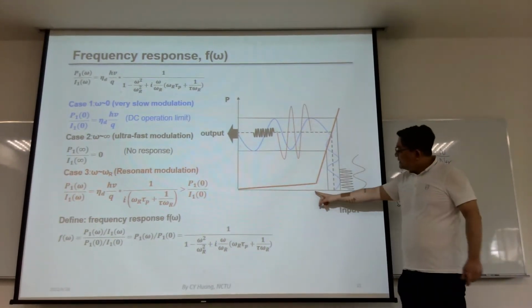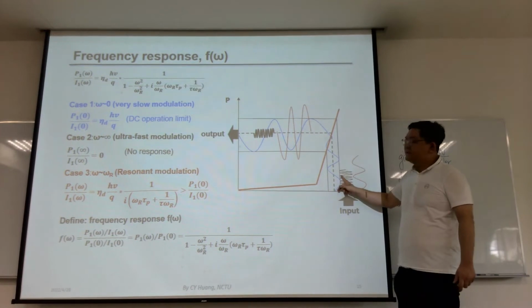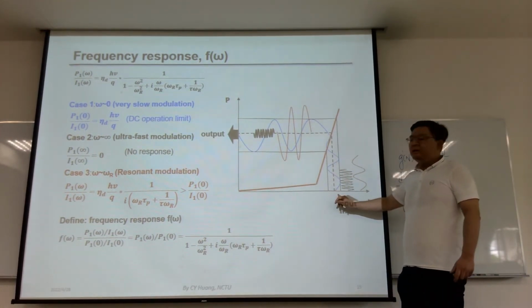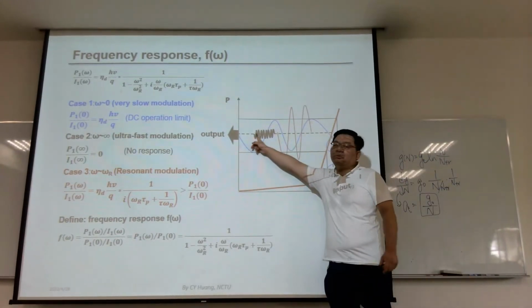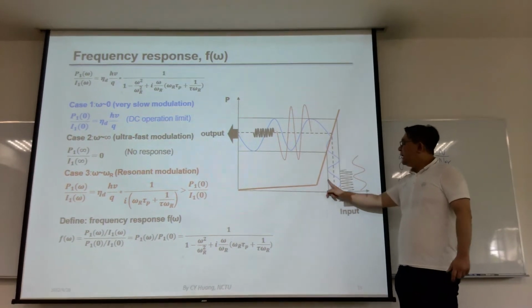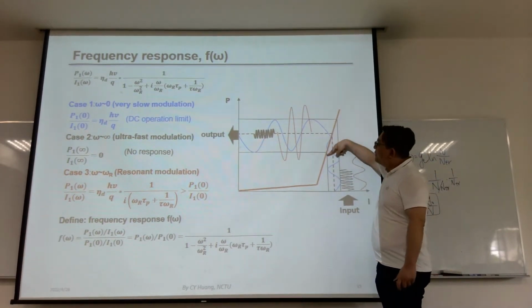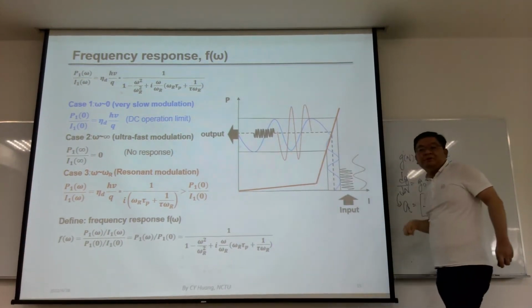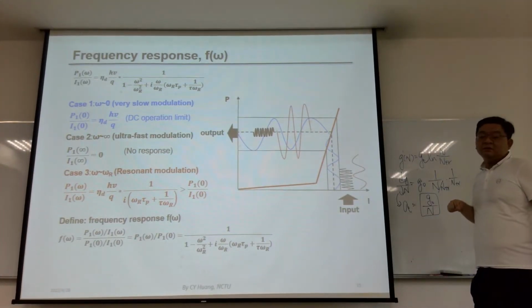Let's consider the blue one as the DC term. If you have a central input power and a central output power here, while you are varying quite slowly, it will give you a photon response with the same amplitude as DC.